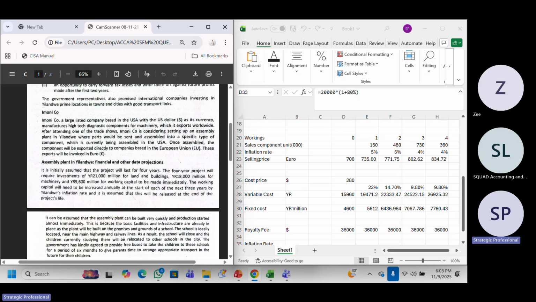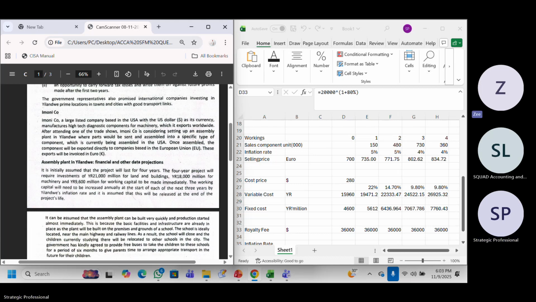That's where they sell their products. Now, instead of assembling in US, they want to go and assemble in Ilandwe. From Ilandwe, they will now sell to Europe. Do you get? So the production is either done in US or Ilandwe, but the end goal for all this production is Europe. So their selling point is Europe. So the remittance will be in euro, right? The selling price is in Europe, so their sales revenue is in euro.